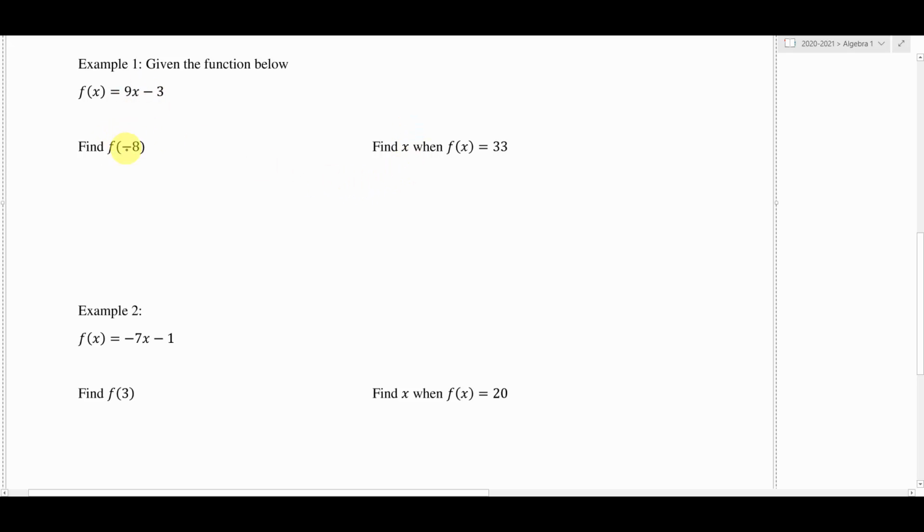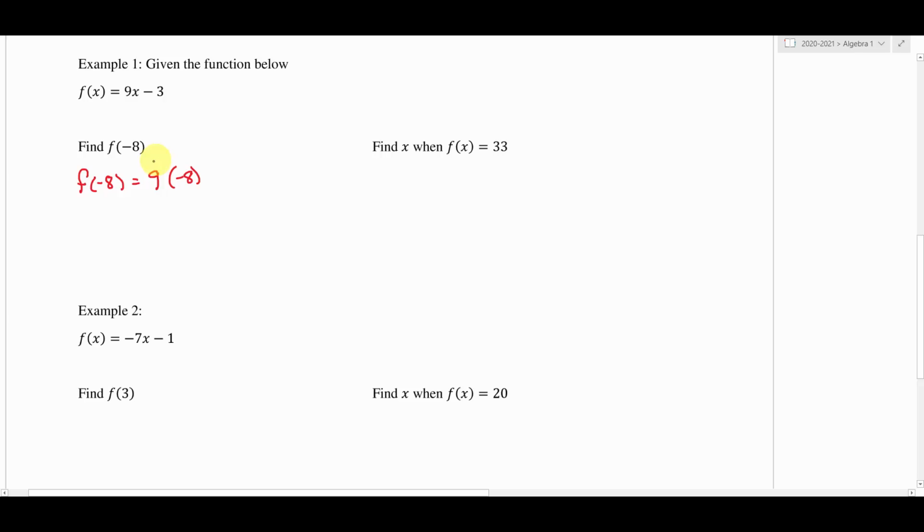We're going to take this negative 8. Since the input is negative 8, we're going to be plugging that in for the x. So I'm going to say f of negative 8 equals, and my rule is 9x minus 3, but instead of writing the x, I'm going to replace the x with the negative 8, right?